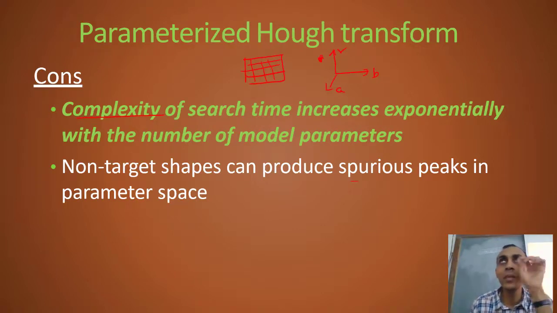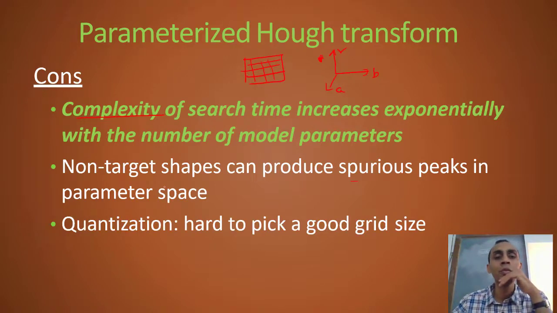So finding a distinct peak was a bit difficult, in the sense that we had to adjust the parameters. For example, we had to adjust the bin size. If you go for too fine a bin, there was some problem. If we make our bins too coarse, it was a problem. So we had to adjust the grid size in order to find good peaks. So these were some problems with the Hough transform.